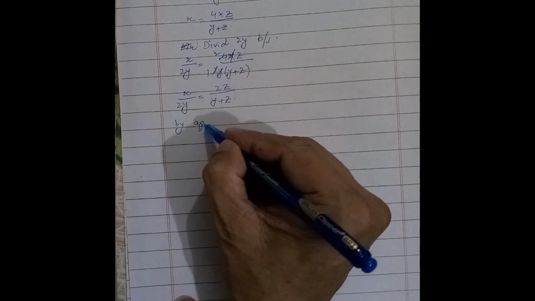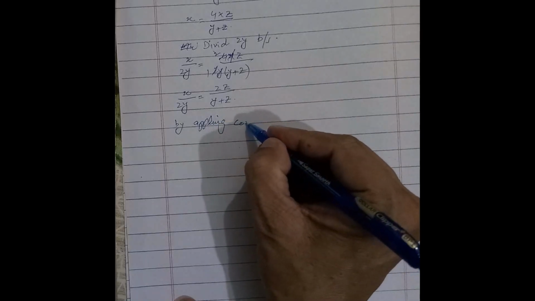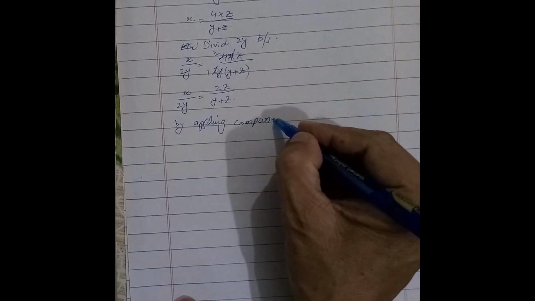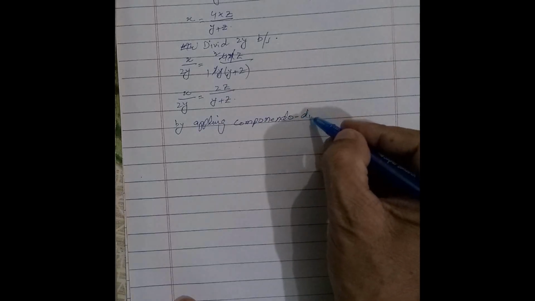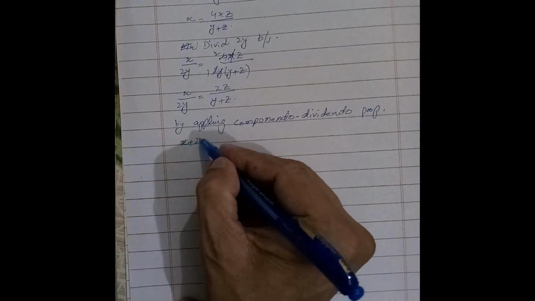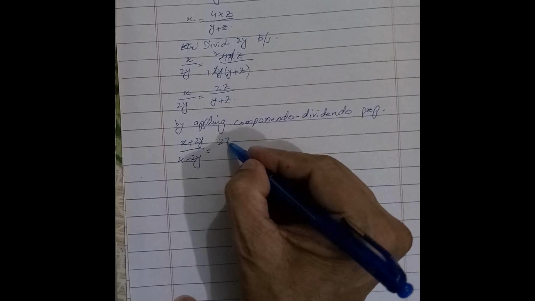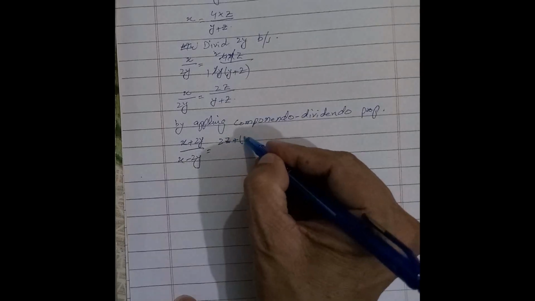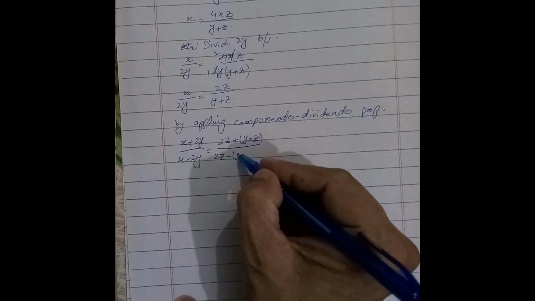By applying the componendo dividendo property, we have x plus 2y over x minus 2y is equal to 2z plus (y plus z) over 2z minus (y plus z).